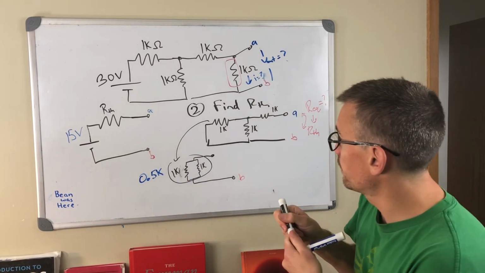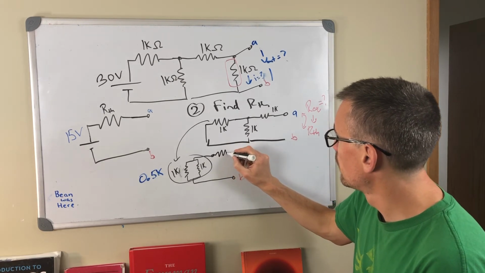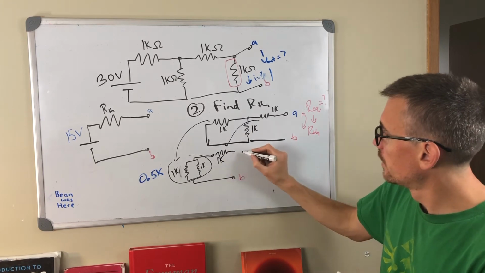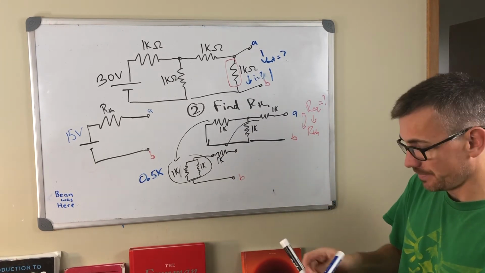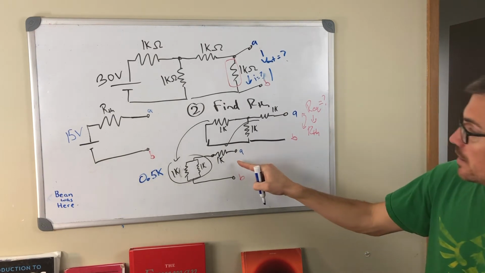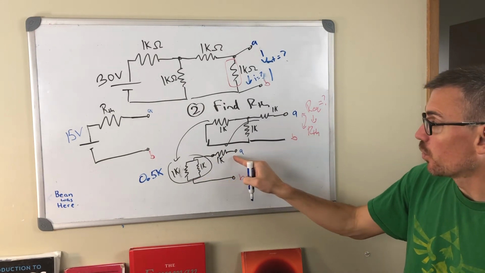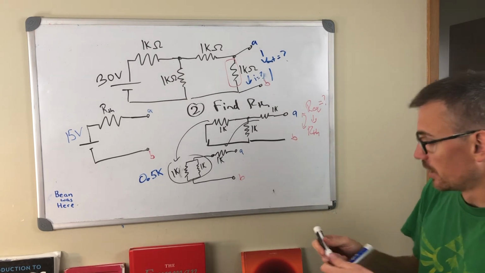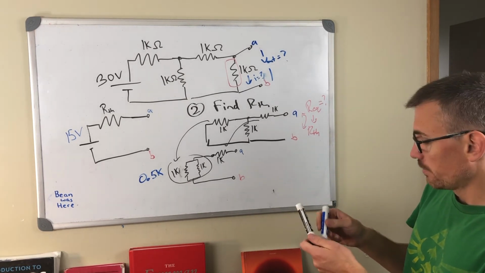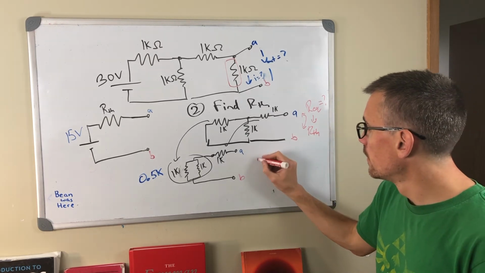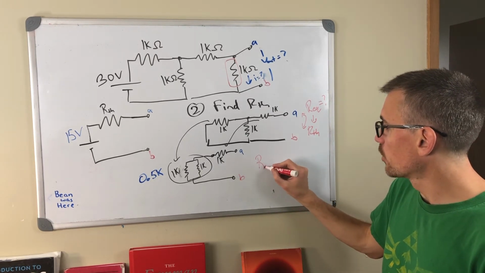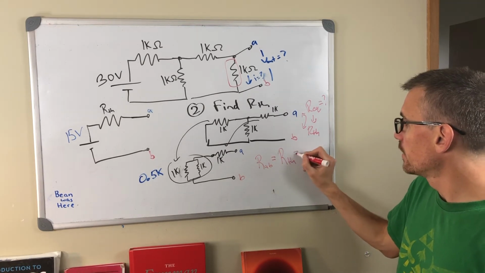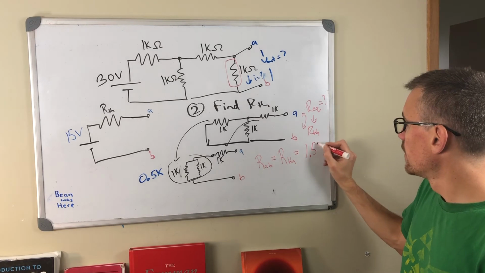And we also have this 1K here that goes directly to A. Okay, so we have a total of 1.5K, 1K plus this half K here. That is my Thevenin resistance. Awesome. So the resistance between A and B, we'll call it RAB, is equal to R Thevenin, is equal to 1.5 kilo ohms.